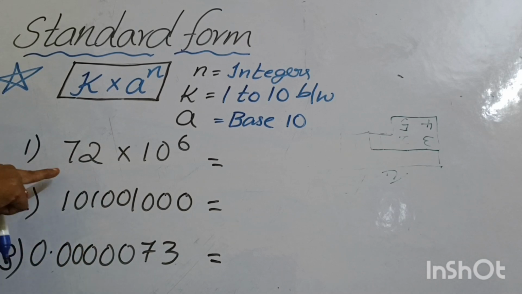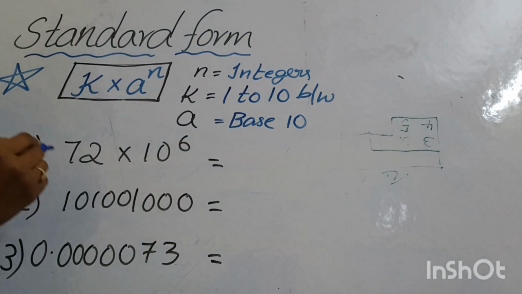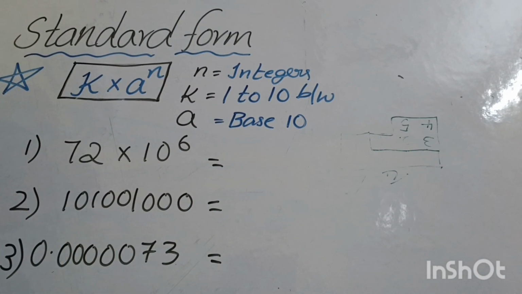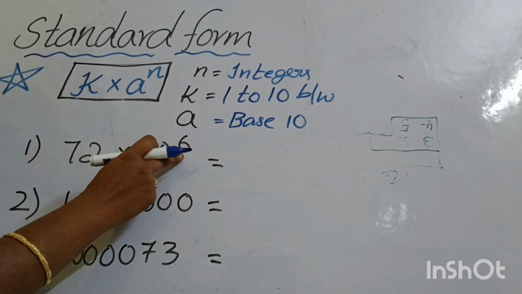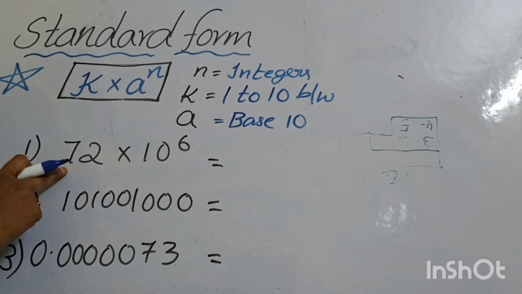But here, once you notice the k value, is it less than 10? No, it is more than 10, right? It means it is not in standard form. Got it, children? How to recognize whether the number is in standard form or not? We have to always focus on the k value as well as this a. Clear? Yeah, first here the k value is not less than 10.